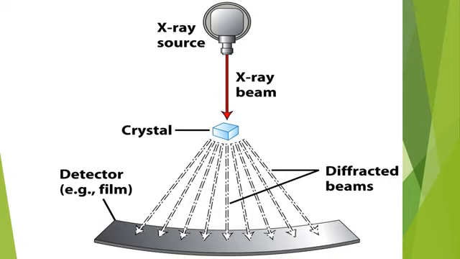Because this crystal is always in a state of rotation, it gives different kinds of diffracted beams which can be recorded in a detector or on a film.